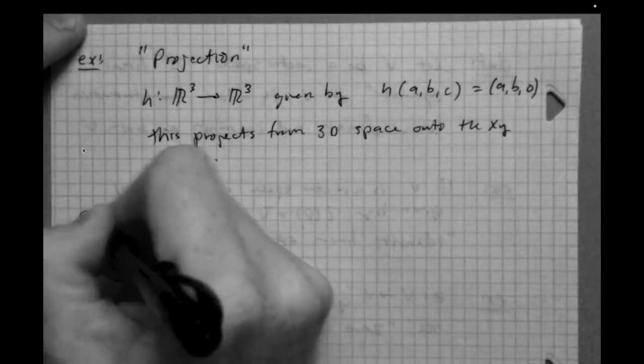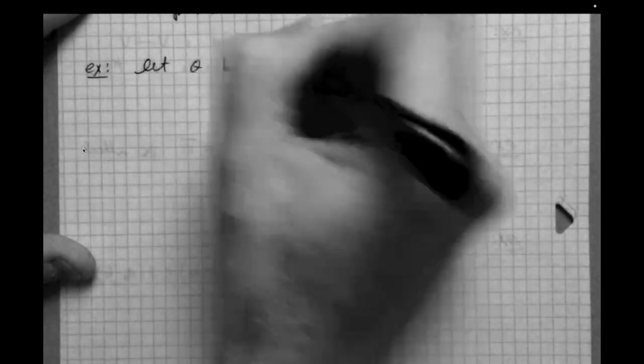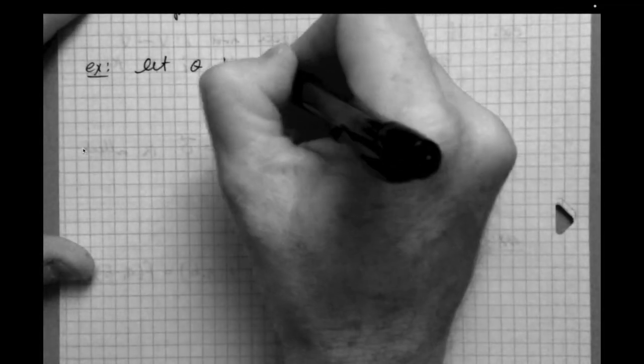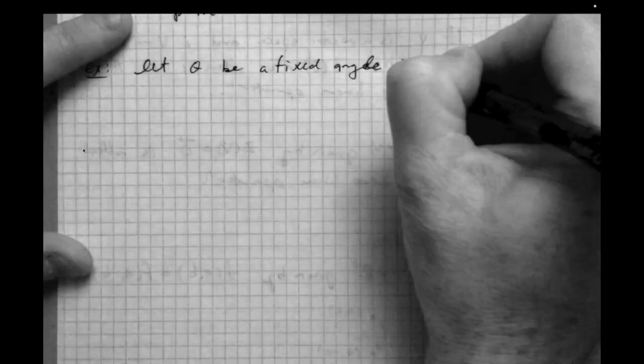And one more example, a little more involved. Let's talk about rotations. We're going to let theta be a fixed angle, and we're in R2, so think about rotation on the plane.